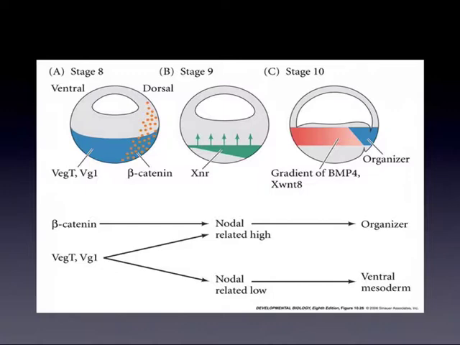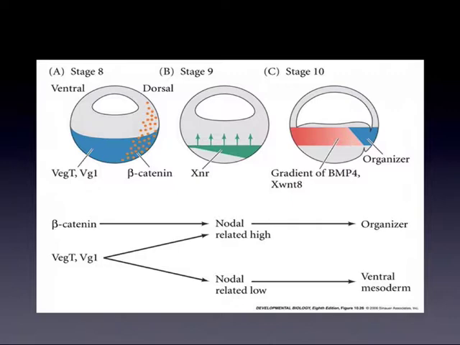So what this is saying is that in the presence of beta-catenin and the presence of VEG-T and VG1, if you have a high dose of nodal, you're going to get dorsal mesoderm. And dorsal mesoderm is a synonym for the organizer. If you have a low concentration of nodal related and VG1 and VEG-T but no beta-catenin, then you're going to get ventral mesoderm.